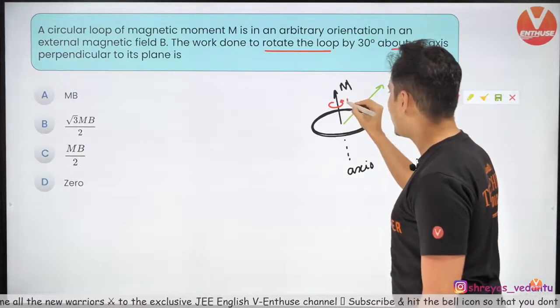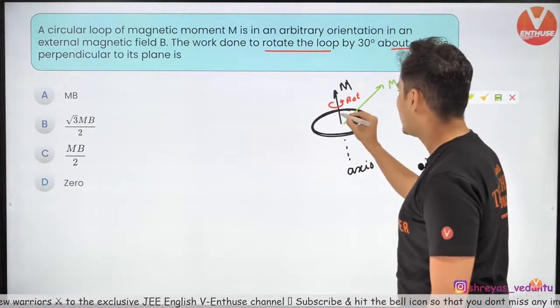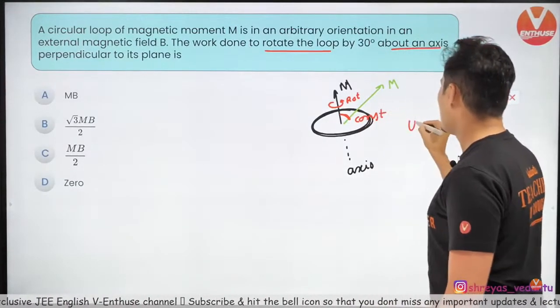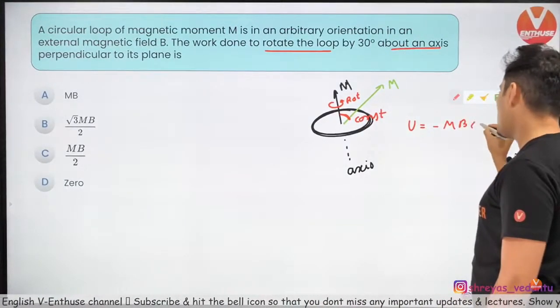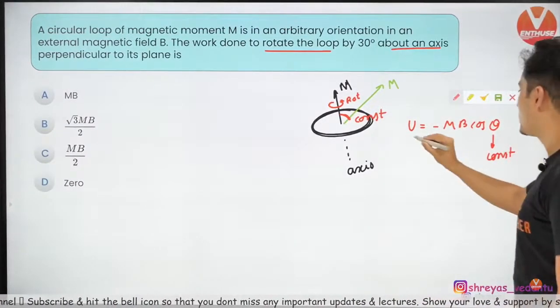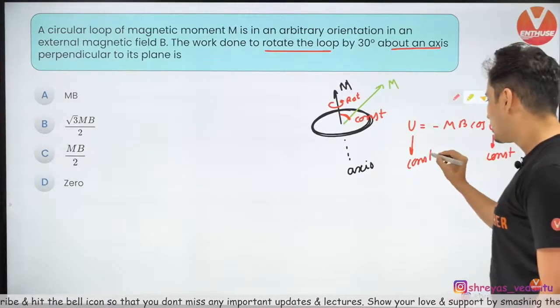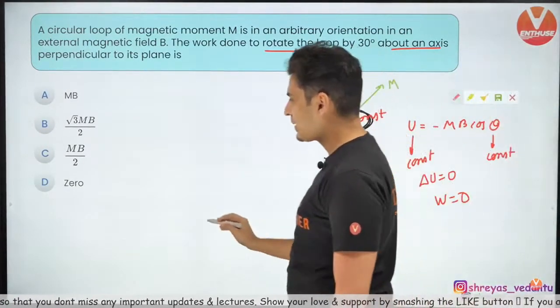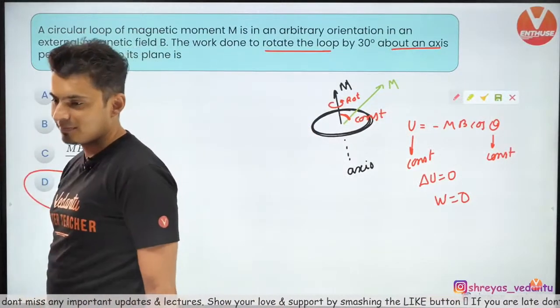That means you have rotated it like that. So when you rotate it like that, this angle is basically constant. So U, which was minus MB cos theta, this theta is constant. So U is constant. So delta U is 0. So work is 0. So the answer is D.